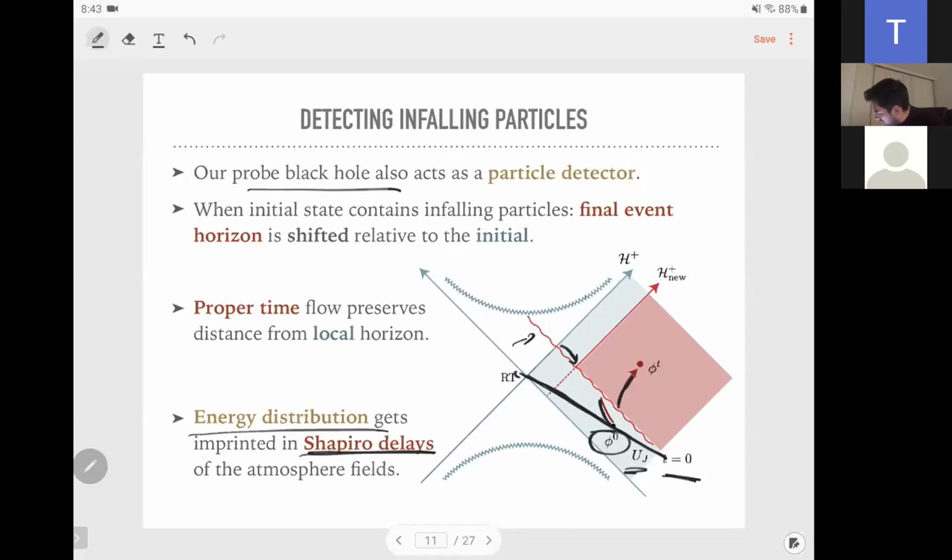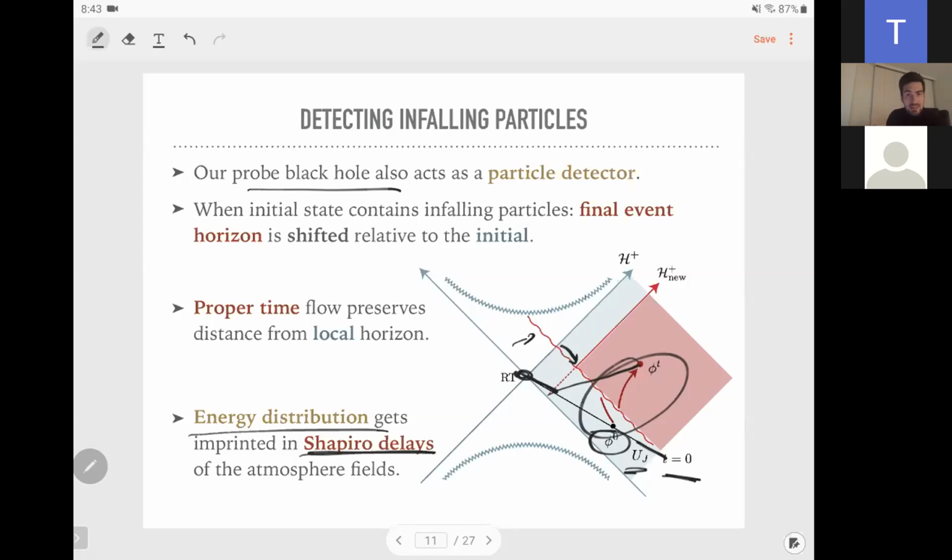Namely, this guy is originally dressed to the RT surface, whereas this guy is dressed to the new shifted horizon. So proper time evolution is supposed to move me along this trajectory that I had drawn here in red.